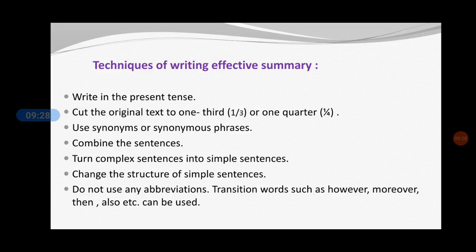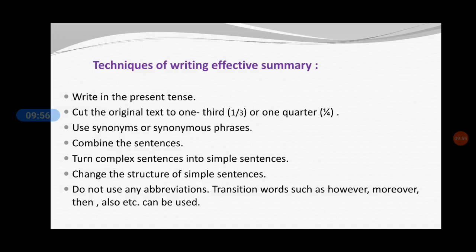Then combine the sentences. Try to combine 2 or 3 sentences together. Turn complex sentences into simple sentences. If the sentences are written in a complex structure, try to transform them into simple ones. Change the structure of simple sentences.